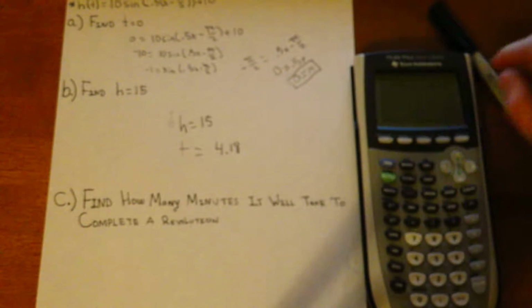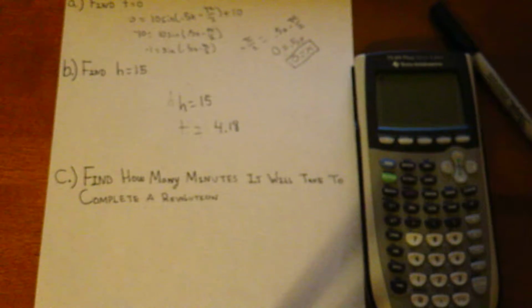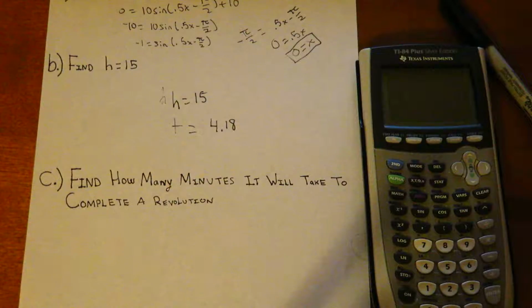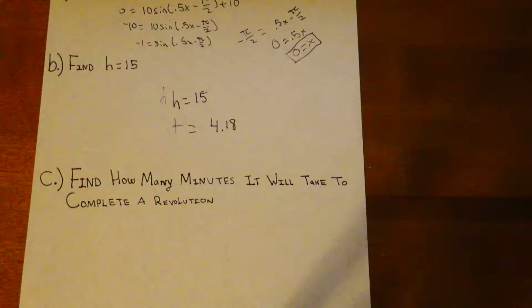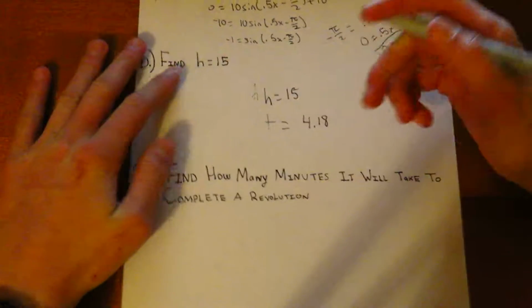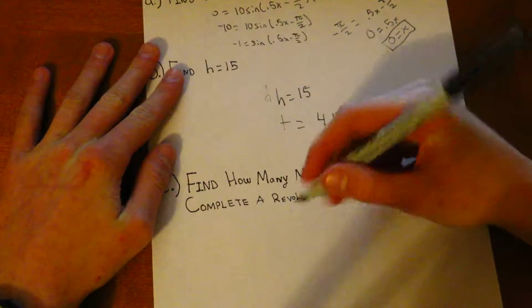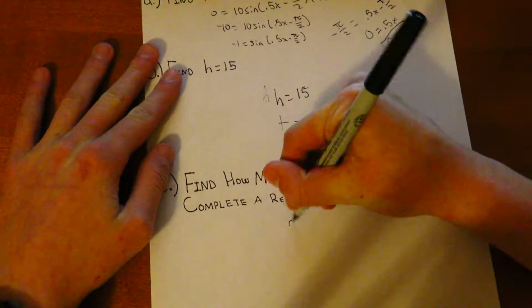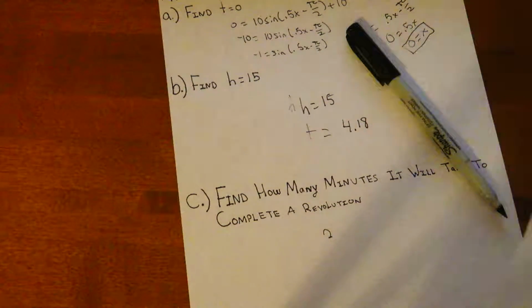So now that we know that, we go on to C. How many minutes will it take to complete a revolution? So basically what this is asking you to do is find your period. And to find the period, it's pretty easy. All you have to do is take your b value, which is 0.5 in this case, and you put it under 2 pi, which we can see in our formula booklet.